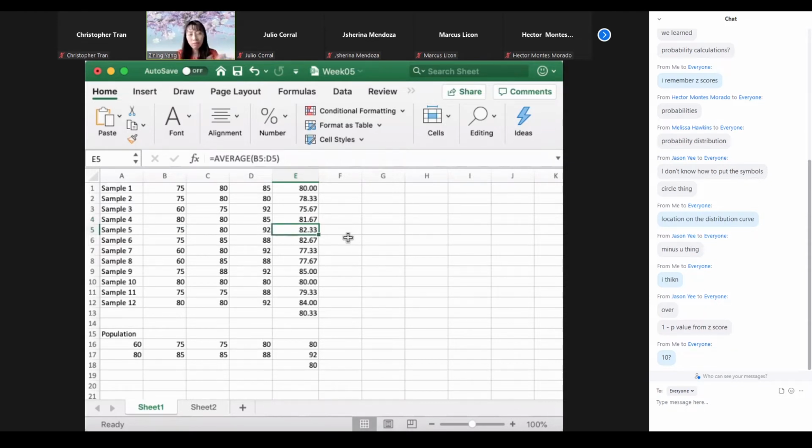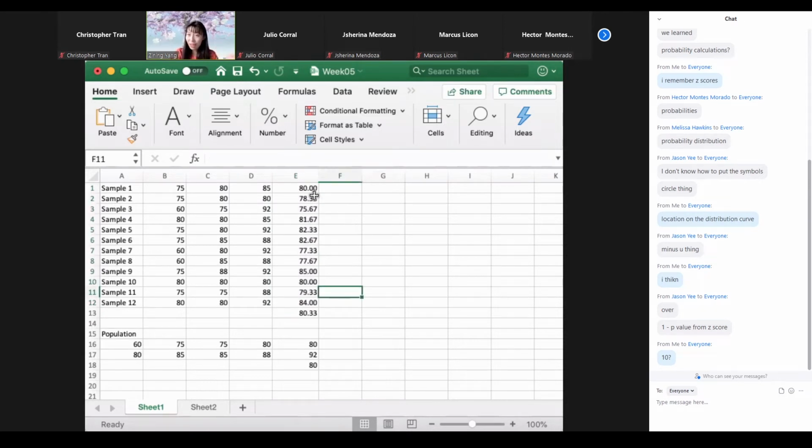So not precisely 80, but pretty close, right? It's also in the B minus range. And you conclude the same. So on and so forth. You see we got different values for the sample mean. We got 12 samples and 12 sample mean values.